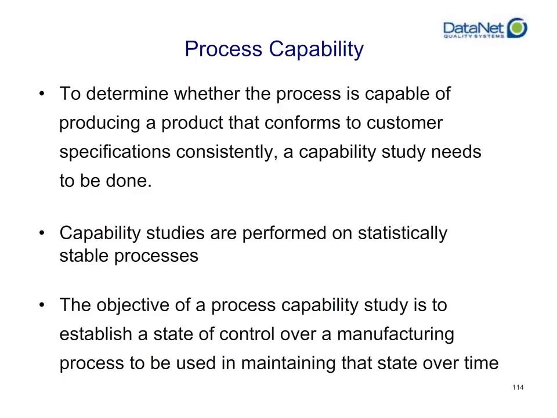The objective of a process capability study is to establish a state of control over manufacturing processes to be used in maintaining the state over time. In other words, it is an industry standard way that you can give yourself an objective number grade that you can benchmark yourself against, comparing the way you are versus how you used to be, how capable you used to be versus how capable you are now, as well as comparing yourself to other companies or enterprises producing the same things who are doing capability studies.